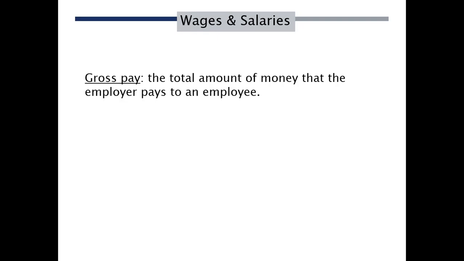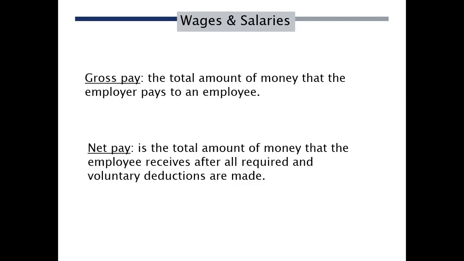But there are some special considerations that we need to look at when we consider how much money you'll actually take home. And that's where our net pay comes into play. Because your net pay is the total amount of money that the employee receives after all required and voluntary deductions are made.